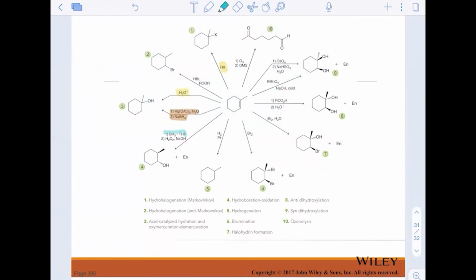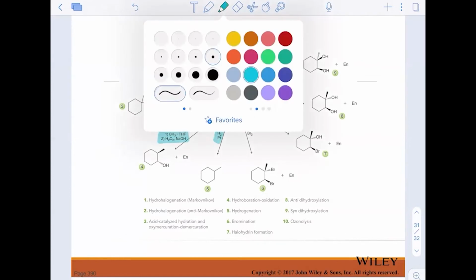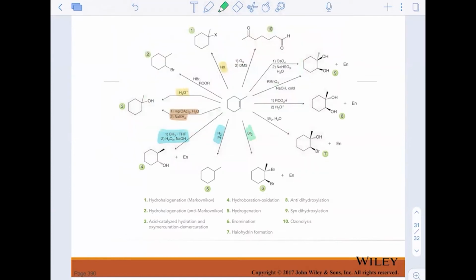Then we had our anti-Markovnikov, which is our concerted reactions with hydroboration oxidation, followed by our hydrogenation. Another anti-addition along with our oxymercuration was halogenation and halohydrin formation, right?